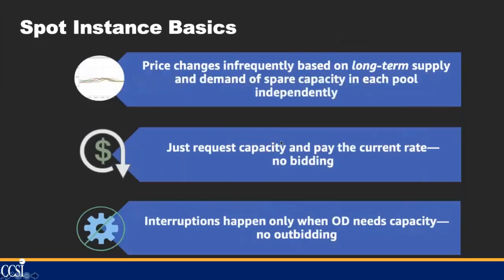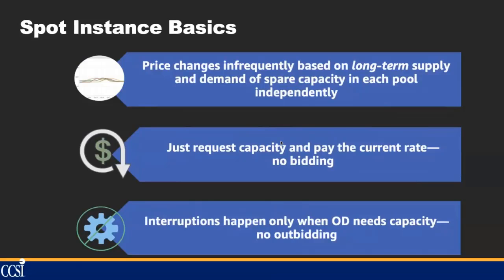The basics of a Spot instance are that price changes are infrequent. It used to be when they first came out, there was a market where people would bid on them, and it was just a mess. It was like the stock market. But now the prices change infrequently, and the prices are based on the long-term supply and demand of the capacity in each pool.